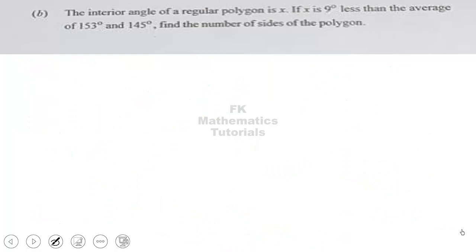The interior angle of a regular polygon is x. If x is 9 less than the average of 153 degrees and 145 degrees, find the number of sides of the polygon. So x is 9 degrees less than the average of 153 and 145.